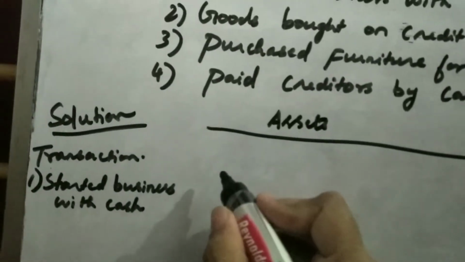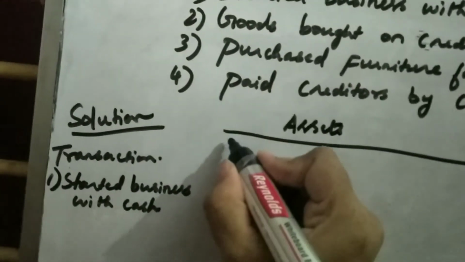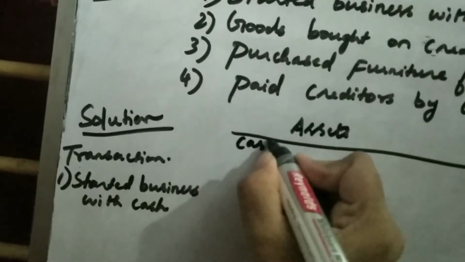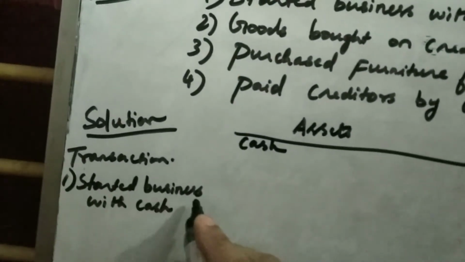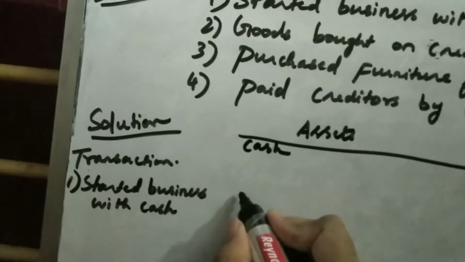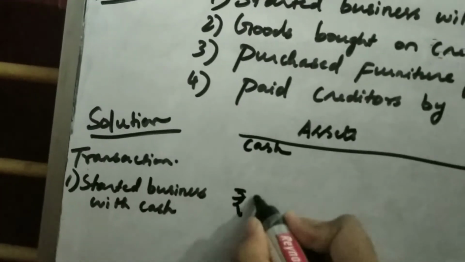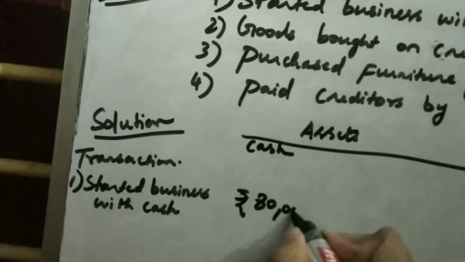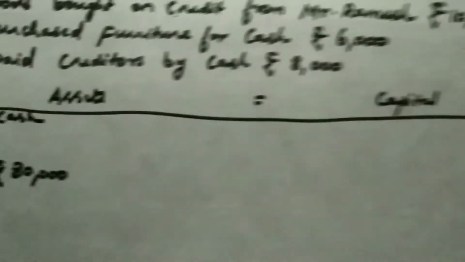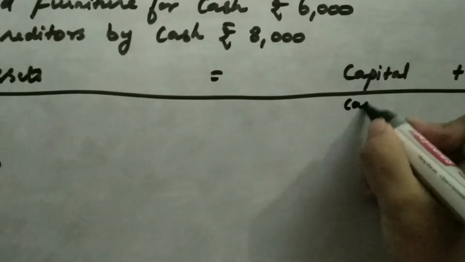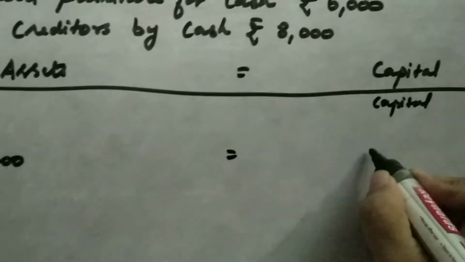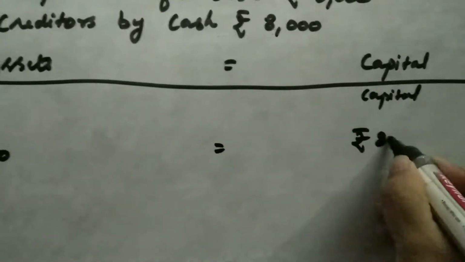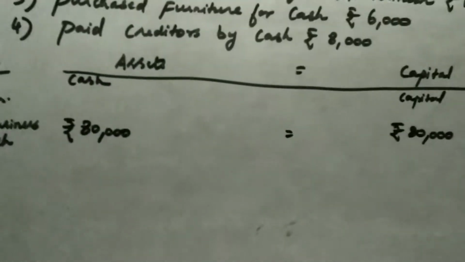First transaction, we may have cash. Started business with cash, how much? 80,000. Capital is also the same, 80,000. So, our first transaction is over.